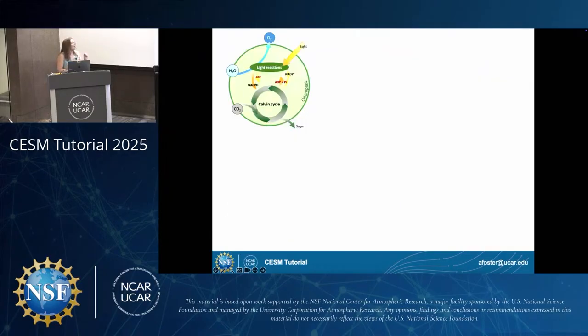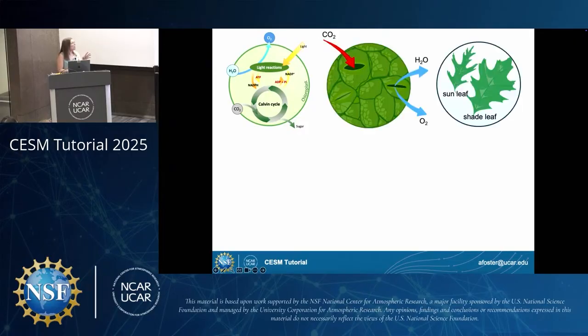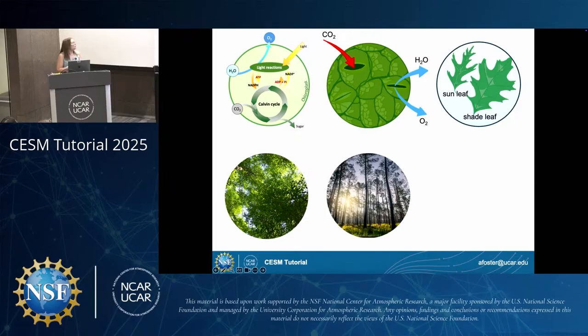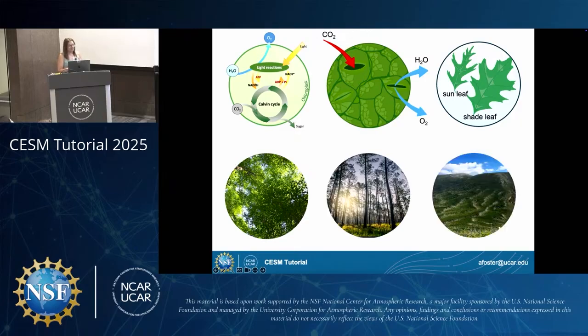In CLM big leaf, we model photosynthesis, stomatal conductance, shade and sun leaves, and these boundary layer differences, as well as plant canopies. But we don't model the dynamic structure of the vegetation, which we think is really important.